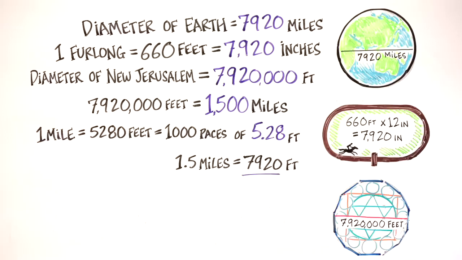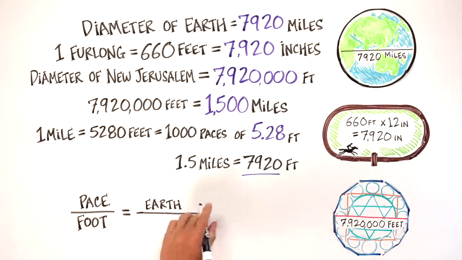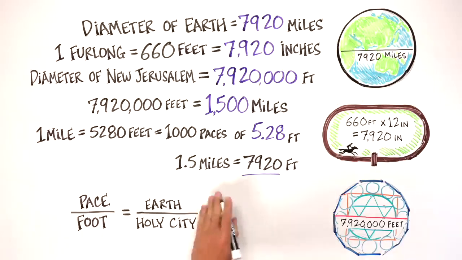Well, I'll leave this one an open-ended question for right now, but here's something that's interesting. If we take this number and compare it to the Earth to get a sense of scale, Earth 7,920, Holy City 1,500.